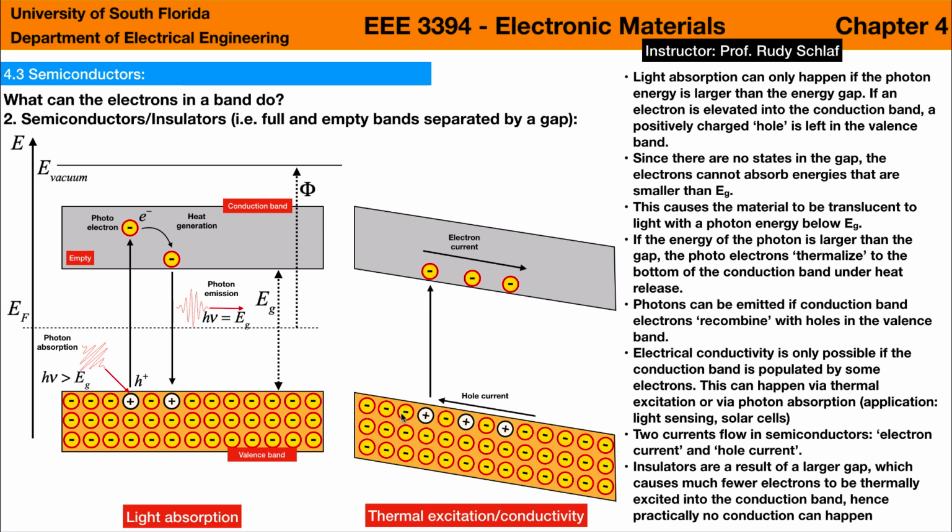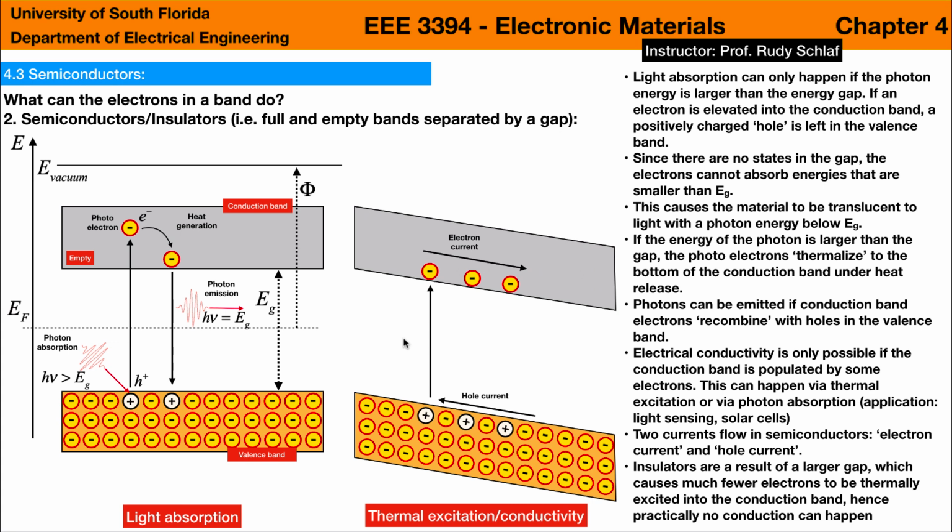So it's obvious that the higher the temperature, the more electrons we will have up here, and the more conductive the semiconductor is becoming. Of course, another way to get more electrons into the conduction band is to have a narrower gap. So if the energy difference between conduction band and valence band is smaller, then thermal excitation will also be able to bring more electrons into the conduction band.